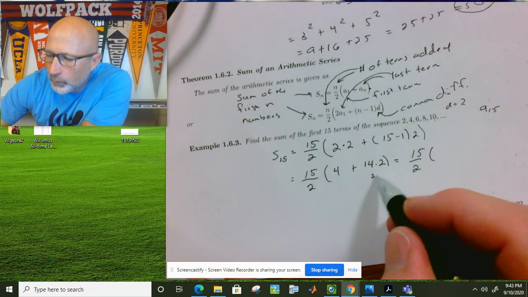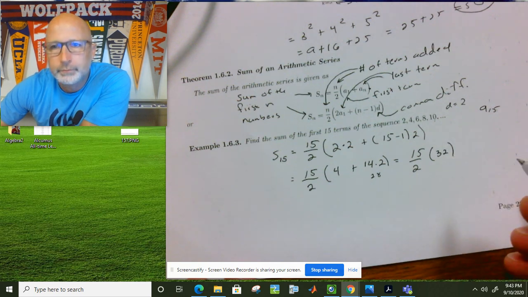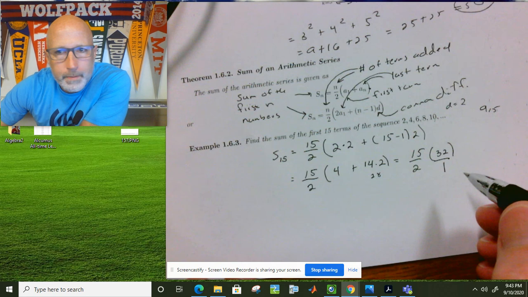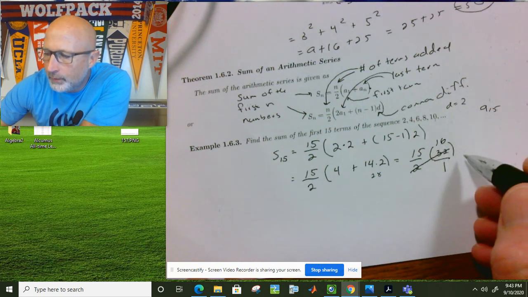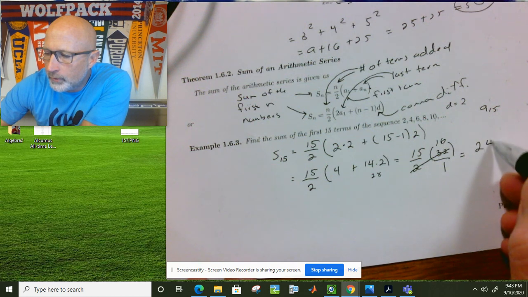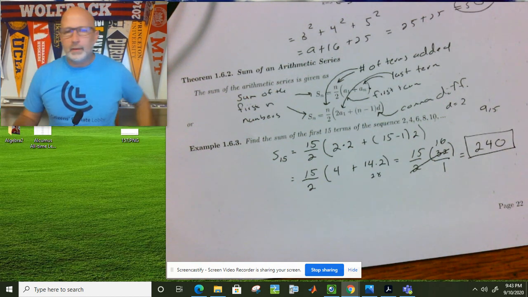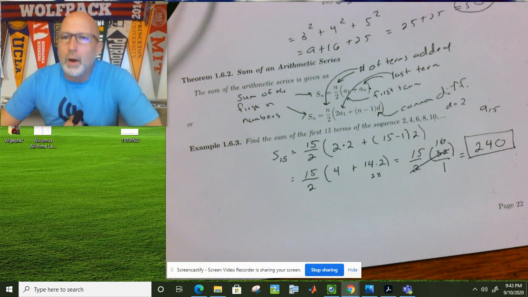Okay, so this is 28 plus 4 gives me 32. And 32 is 32 over 1. So the 2 goes into 32 16 times. So this gives me 240. Okay, 15 times 16 is 240. You can verify that on your calculator if you want.